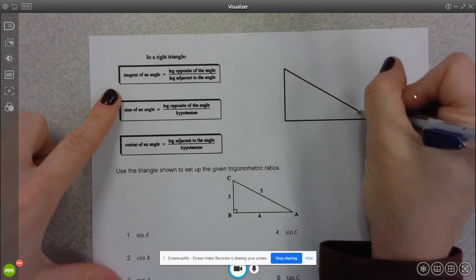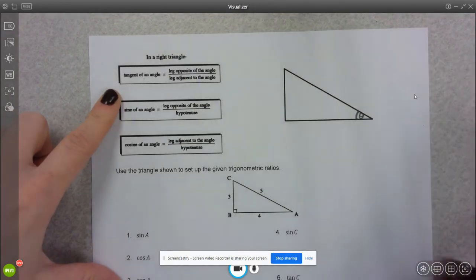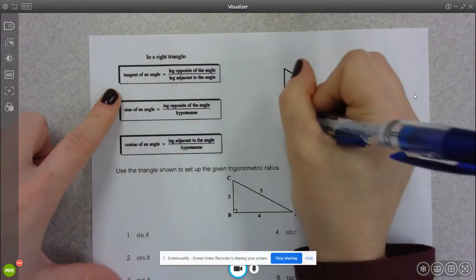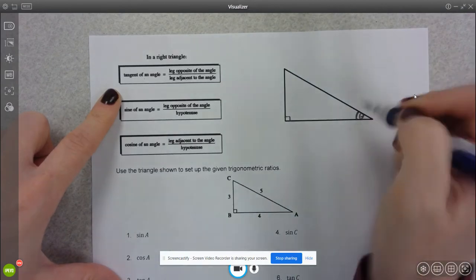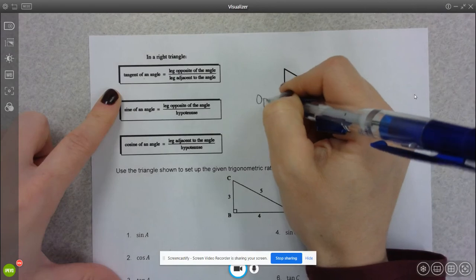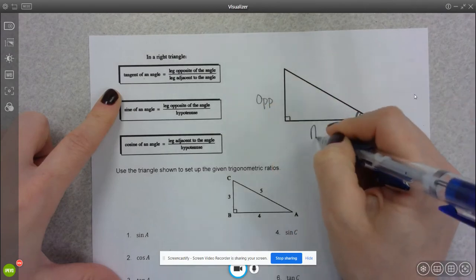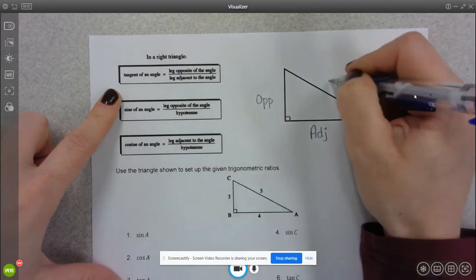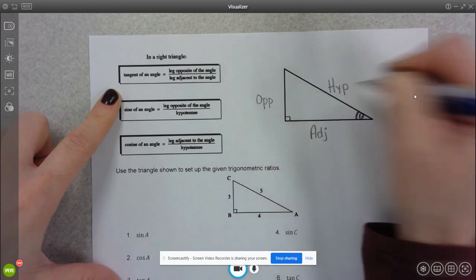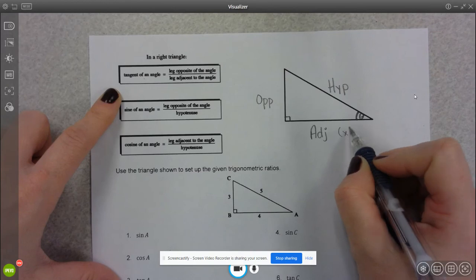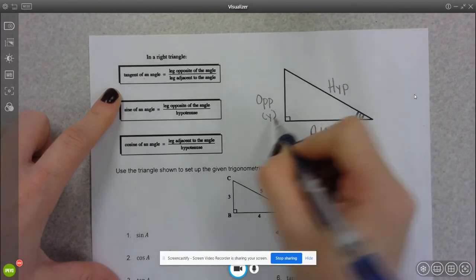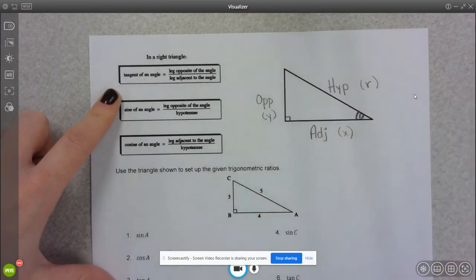So I'm going to put my angle down here, just because. This is my right angle. So this would be the opposite. This would be the adjacent, and this would be the hypotenuse. If you're thinking x, y, and r again, this would be x, this would be y, this would be r.